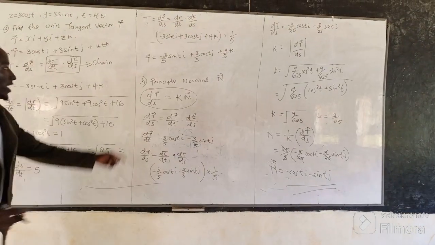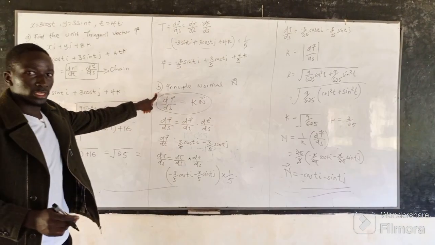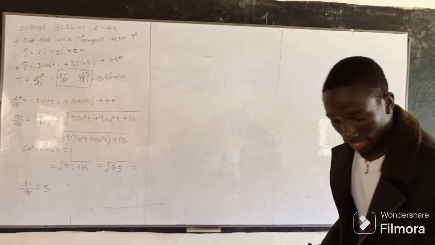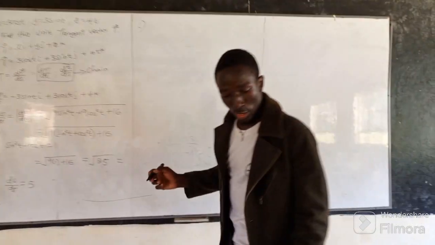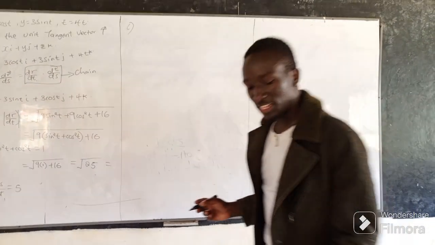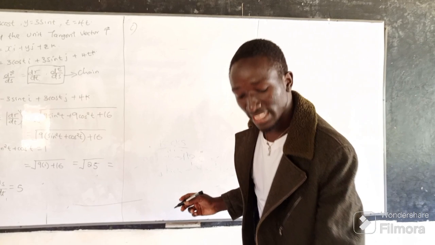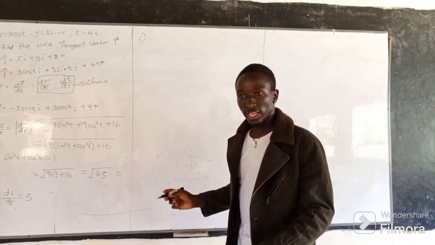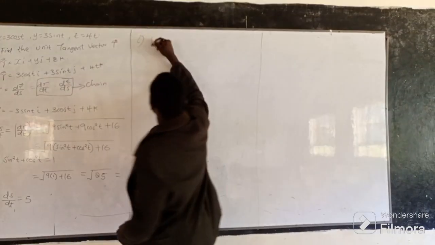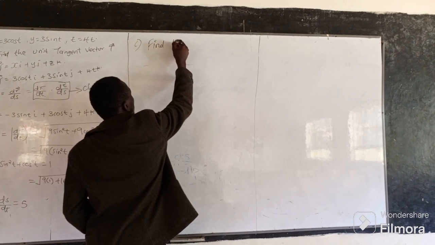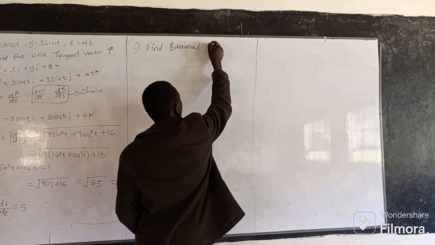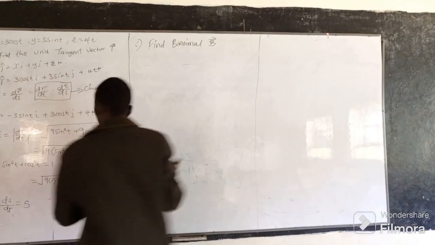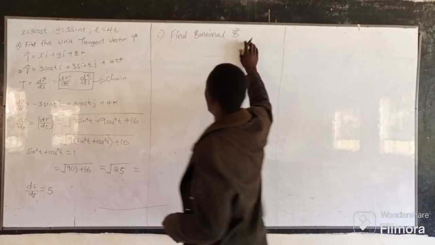We're done with question B. Okay, let's go to part C. In part C, we have been told to find the binormal B.